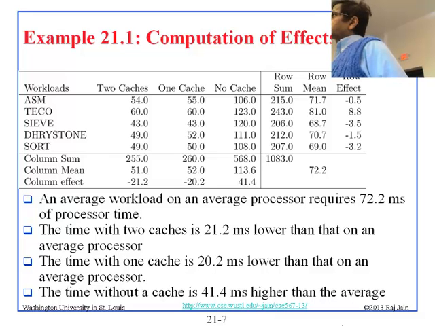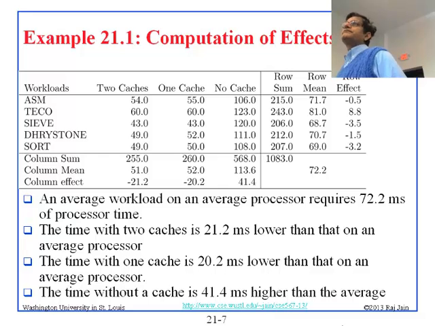With 2 caches, you save 21 milliseconds. With 1 cache, you save 20 milliseconds. And if you have no cache, then your time will be more, like 41 milliseconds more than the mean.